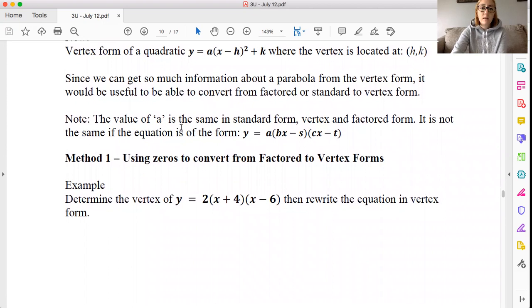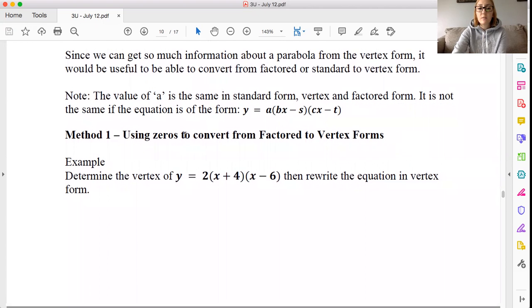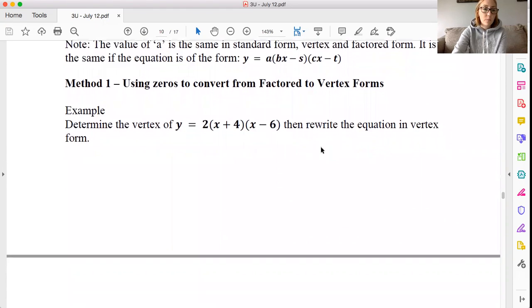Yes, so the a value is the same in standard form, vertex form and factored form. It is not the same if the equation is in the form a(bx minus s), so if there's a number in front of the x's in here for our factored form.